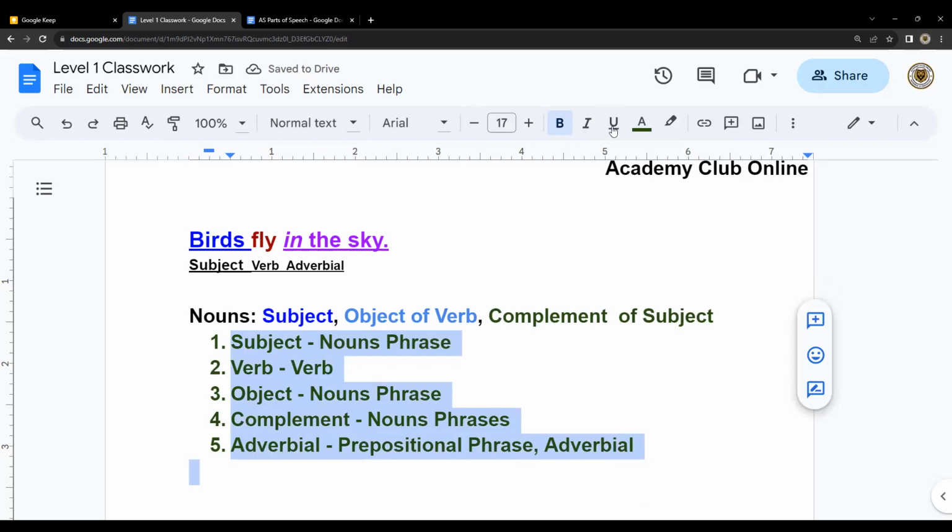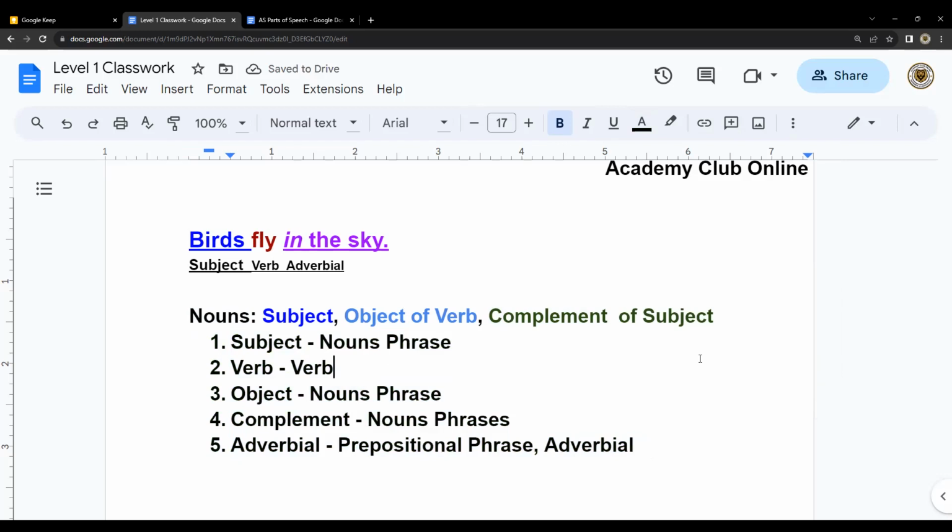Okay? Questions? Estas son las 5 funciones. Cada una tiene una subdivisión. Cuando es para los subjects, siempre tiene que ser un noun. No puede ser un verbo, no puede ser una preposición, no puede ser un adverbio. Tiene que ser un noun. Verbs, pues obviamente va a ser un verb.